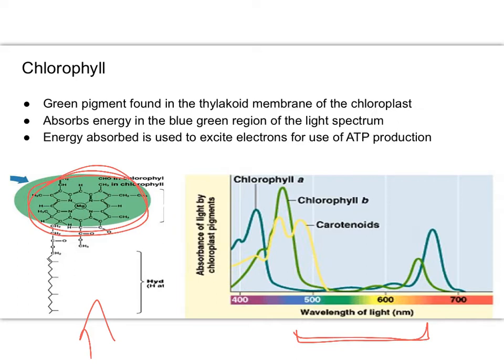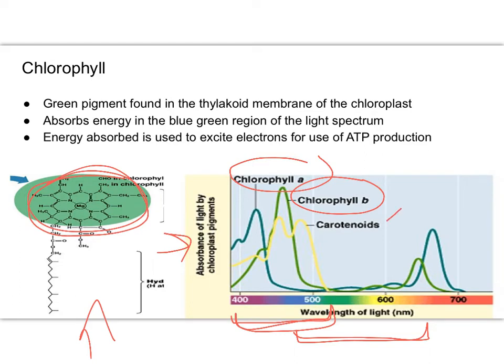So plants absorb energy, the most common in the blue-green areas of the light spectrum. You can see we have two kinds of chlorophyll, A and chlorophyll B. And you'll notice over here on the y-axis is the absorbance. So I'm absorbing a lot of light energy if I'm in a plant in this 400 to 500 range. Okay, the purple, the blue, just a touch of the green.